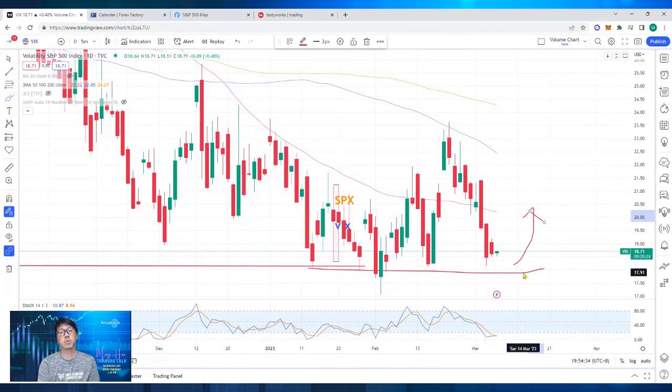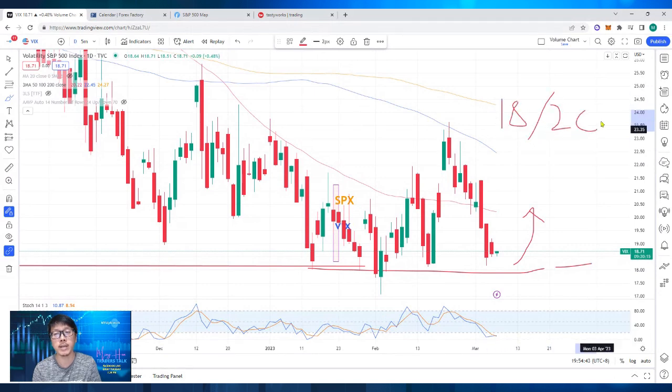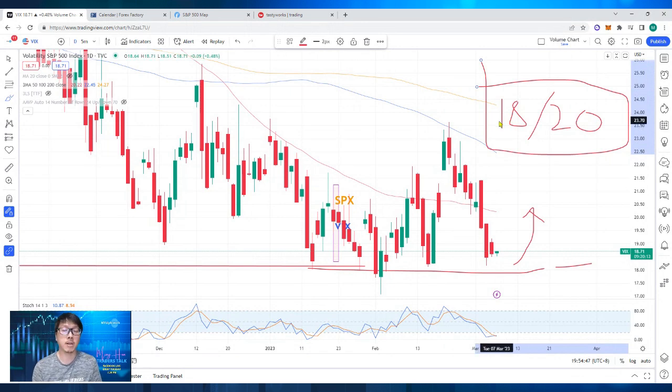So whenever we have the chance, we put on VIX spreads, 18 and 20, not too big. That means you buy an 18 call and sell a 20 call, capping it at 20. The expiry date you can choose whichever you feel comfortable with.